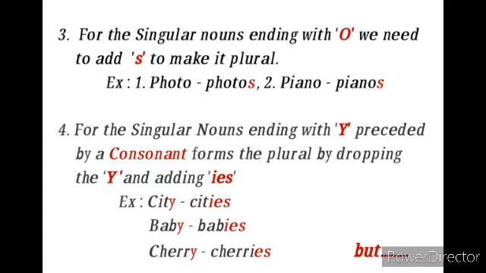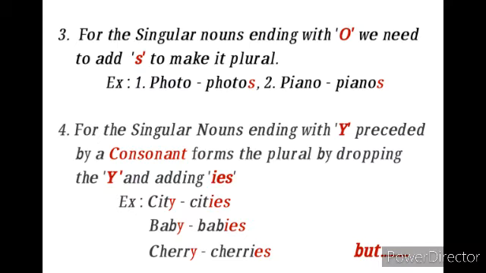babies, cherry, cherries. Here you can see the word city ending with Y. But before Y we can see T. T is a consonant. So you can drop Y and make it IES to make it plural. Same case in baby. Baby is ending with the letter Y, and before Y we can see the letter B. B is a consonant.